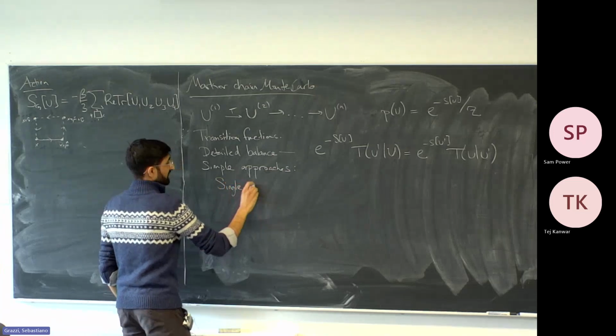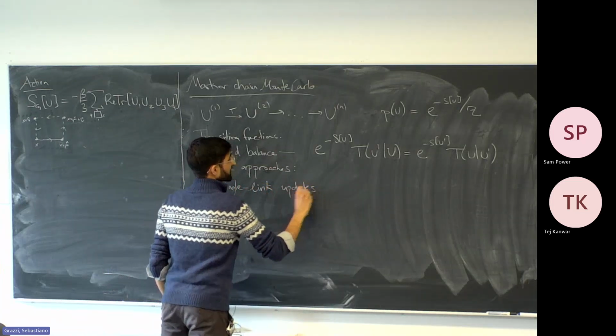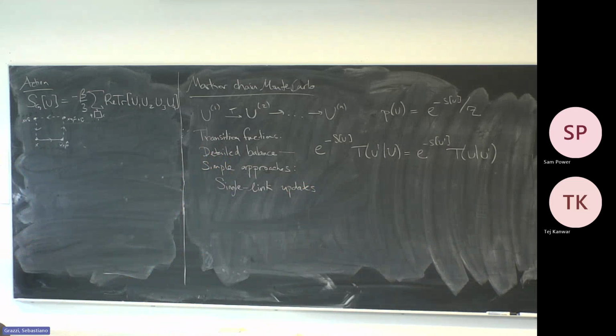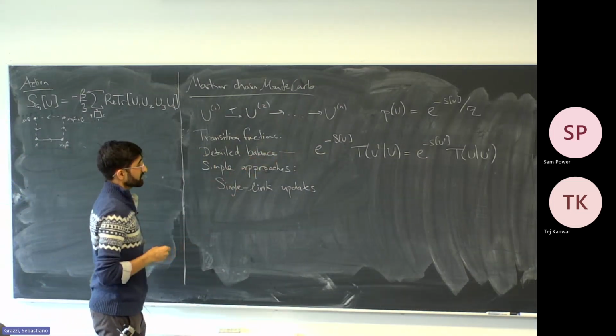Let me call this single link updates. The idea is that if you design such a transformation that satisfies the appropriate criteria for one link, you can then sweep over the whole lattice and do iterative sweeps to update your configurations stochastically.